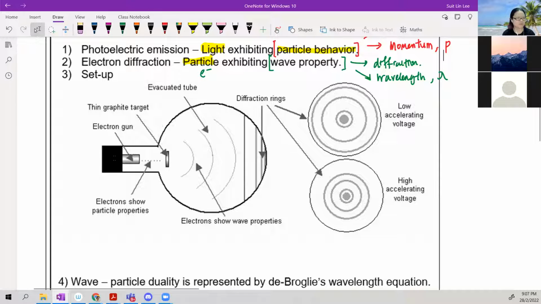Okay. So before we encounter the graphite target, the electrons that come out from the electron gun show particle properties, meaning they're like a particle, like we visualize them to be, and they can actually collide with something. But when it passes through the graphite target, inside your thin graphite target, you can imagine, let's say this is your layer.